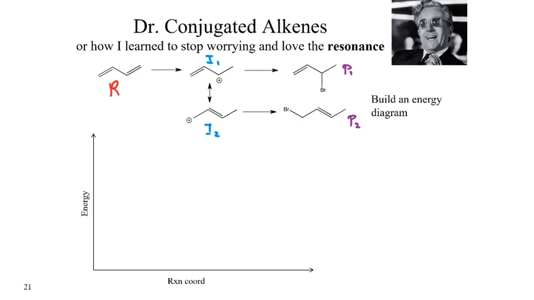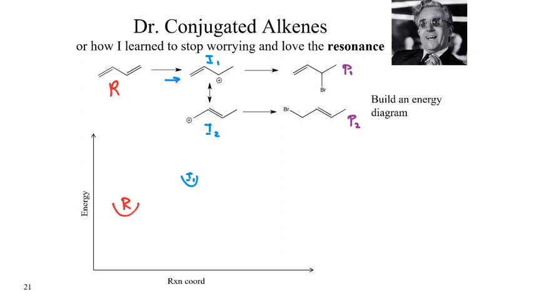Hopefully you've got an energy diagram. Both of them are going to start with a reactant, so we'll go ahead and pick that there. I'm going to pick pathway 1. Intermediate 1 has to be higher in energy than our reactant because it has that carbocation, so there's intermediate 1, somewhere higher in energy. We move to my product, product 1.